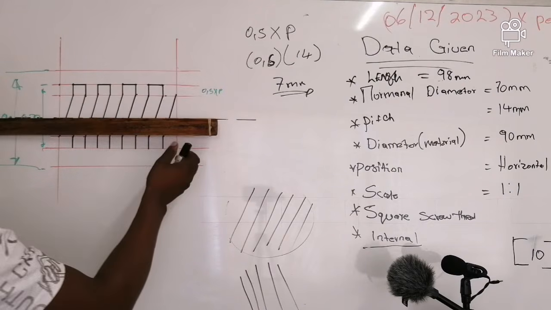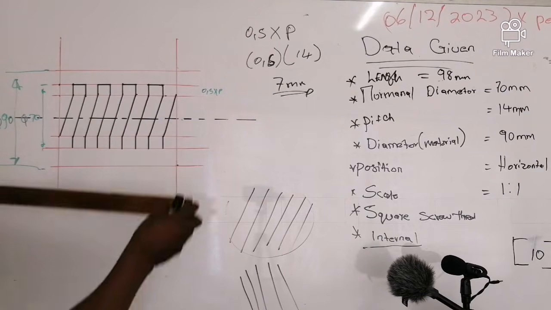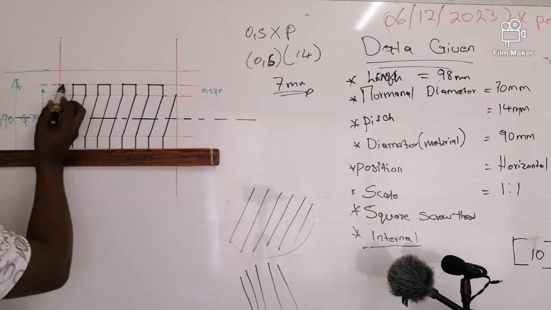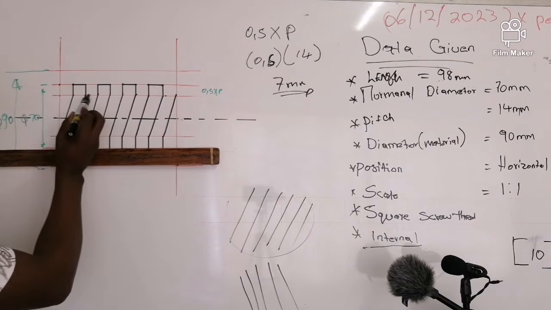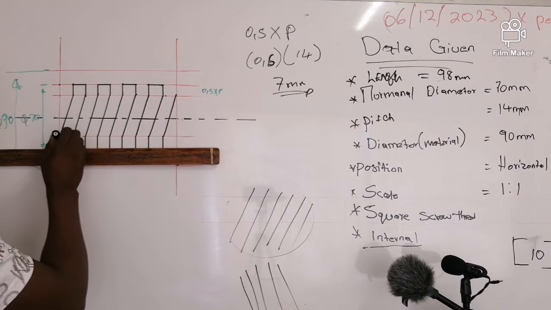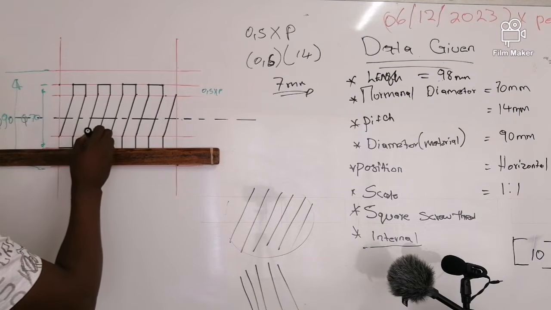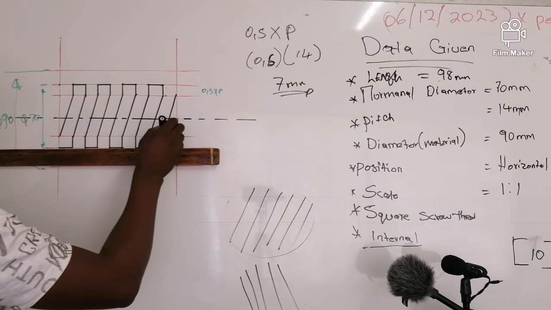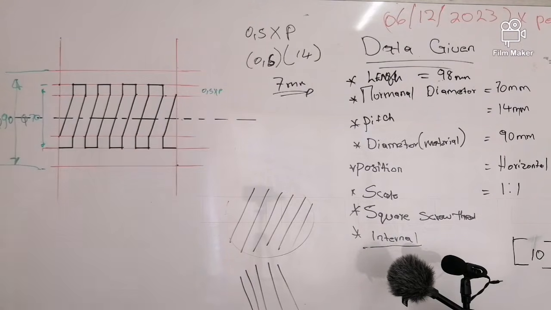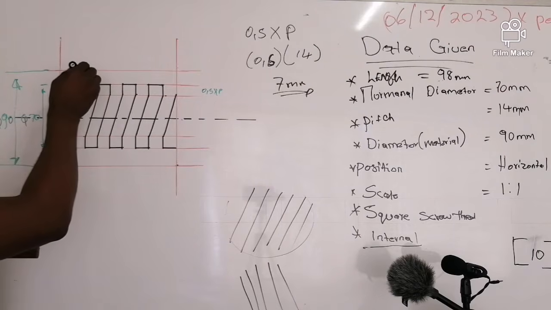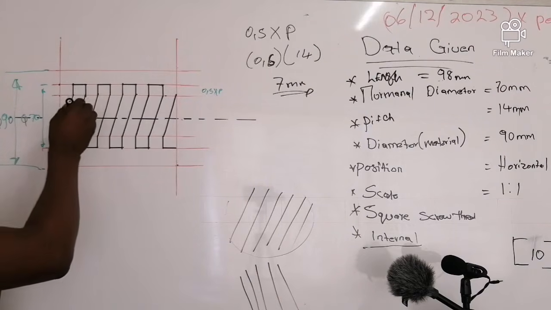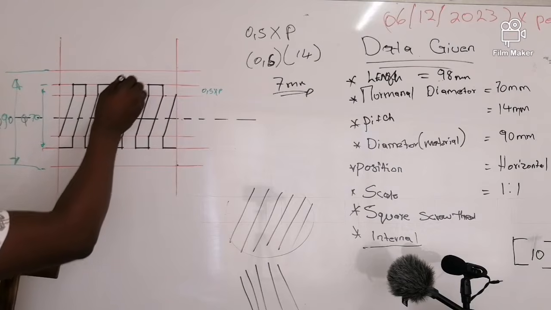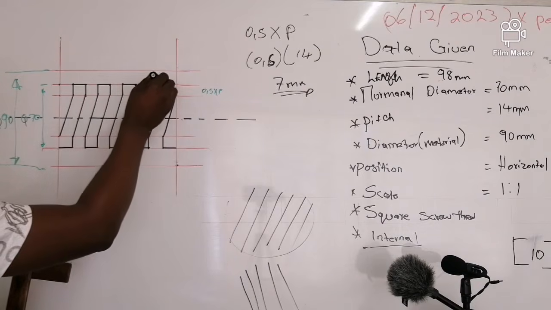Jump, close. We started by jumping, so here we'll start by closing. Open, close. There we go. So now we can see the thread. So now you are going to take this point to your center, this one to your center, this one to your center, this one to your center.